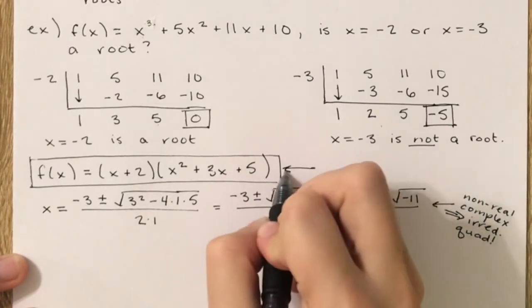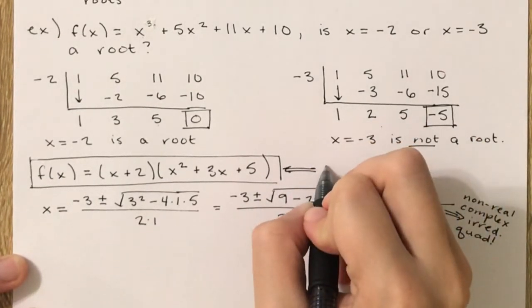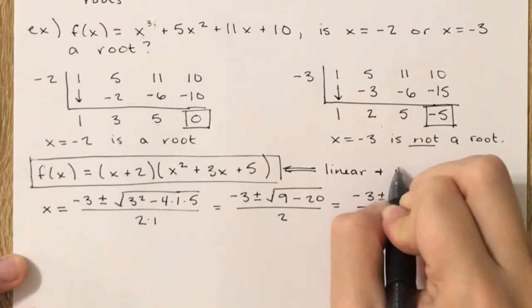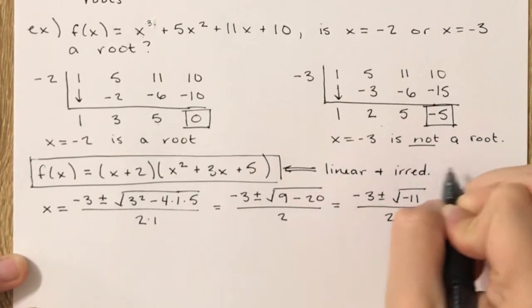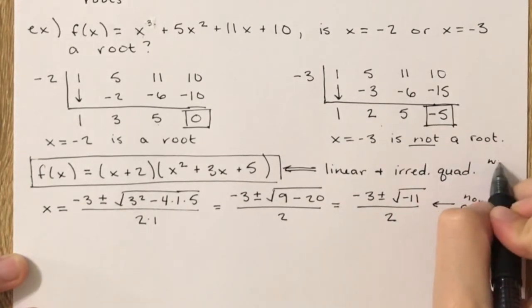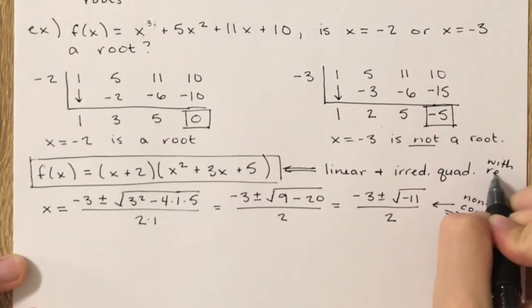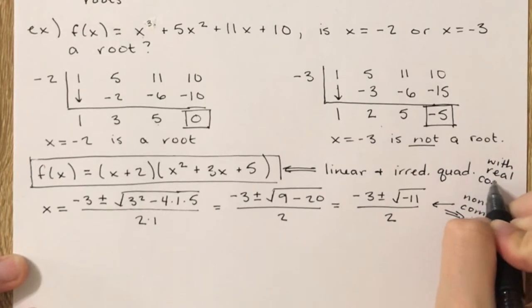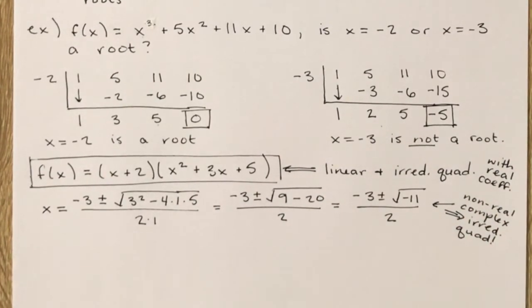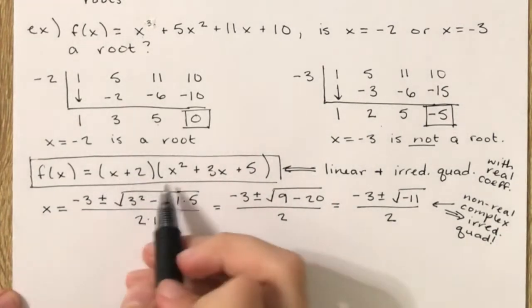So this is linear and irreducible quadratic with real coefficients. I'm squeezing everything in. I'm so sorry, you guys. With real coefficients, right? All of these coefficients are real.